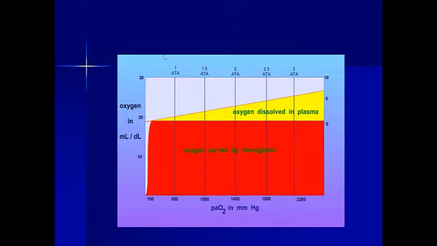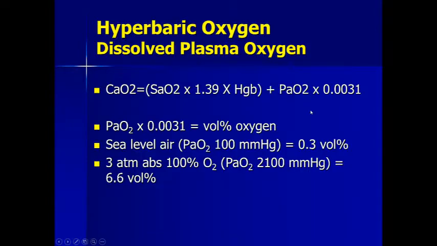And this is the pathophysiology behind it. You need about 6% oxygen by volume just to maintain normal metabolism. Once your hemoglobin is saturated, that's it. I mean, you're 100% saturated. You can't saturate your hemoglobin anymore, but you can saturate the plasma. And it's based on your dissolved oxygen equation.